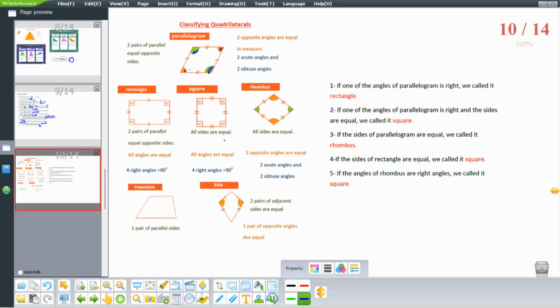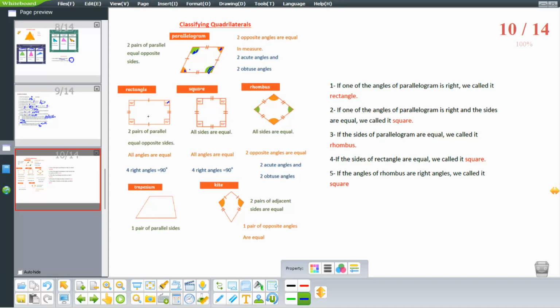Okay, now if we imagine that the parallelogram has a right angle. When the parallelogram has one right angle, it will be a rectangle. It will be called rectangle. Okay, why?